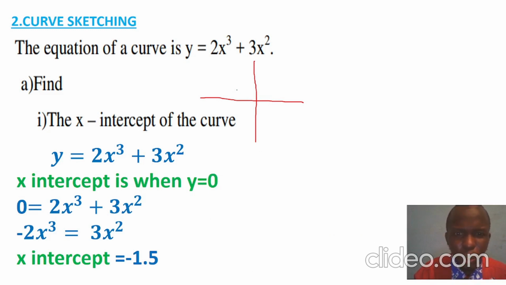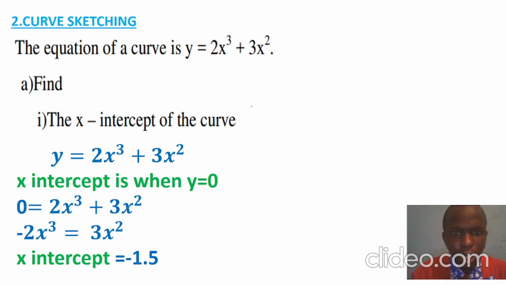Now the point where it cuts the x-axis, this is what we refer to as the x-intercept. And at that point always the value of y is 0.